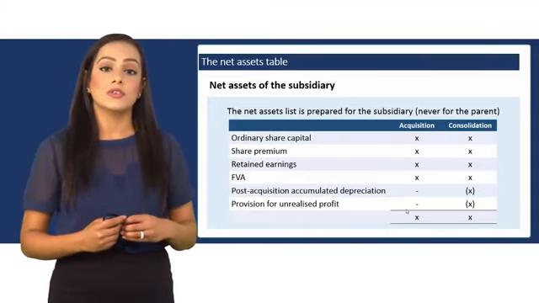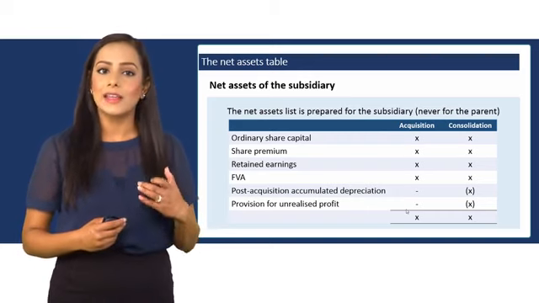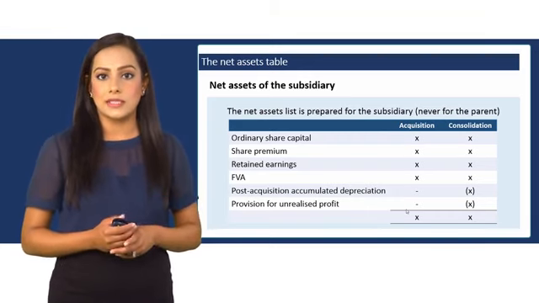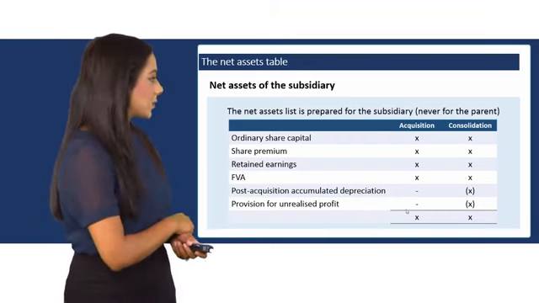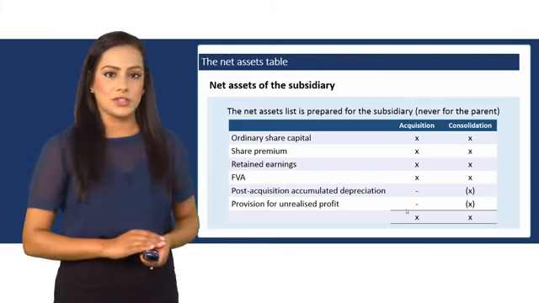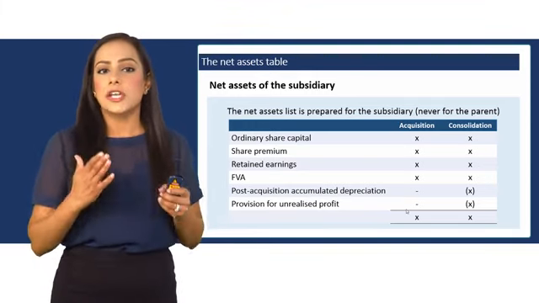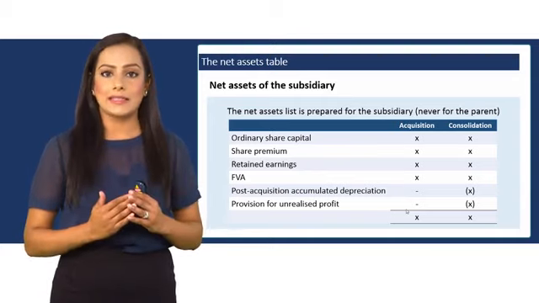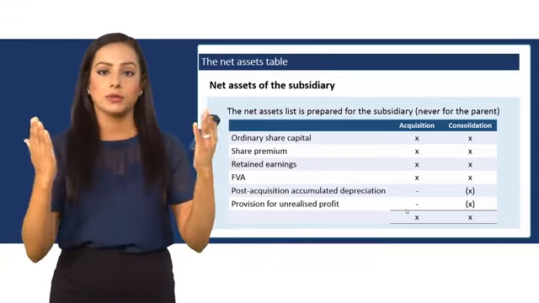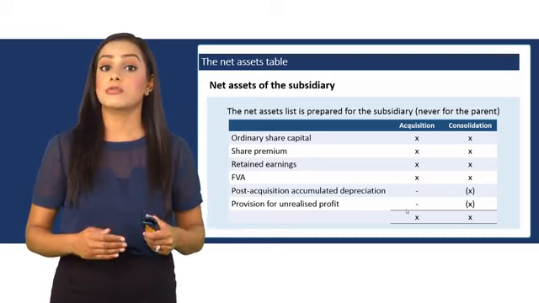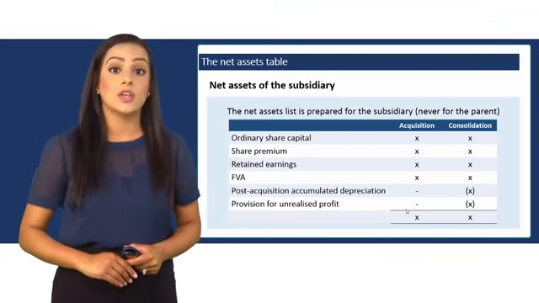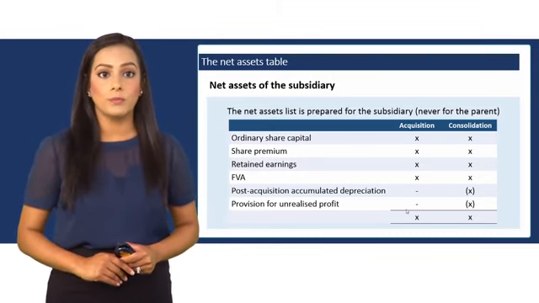We show the subsidiary's equity balances and any other adjustments at 2 points in time: at the date of acquisition and at the date of consolidation. The share capital and the share premium balances are going to be the same at both points in time because the subsidiary will not issue any more shares once the parent has gained control.